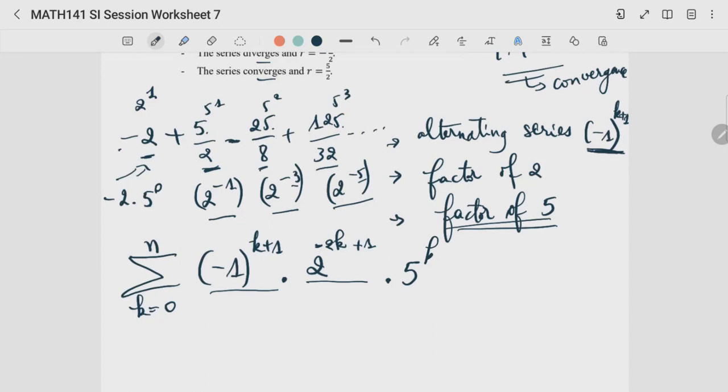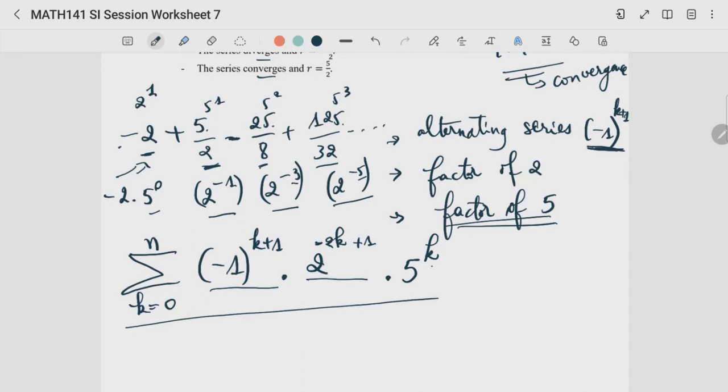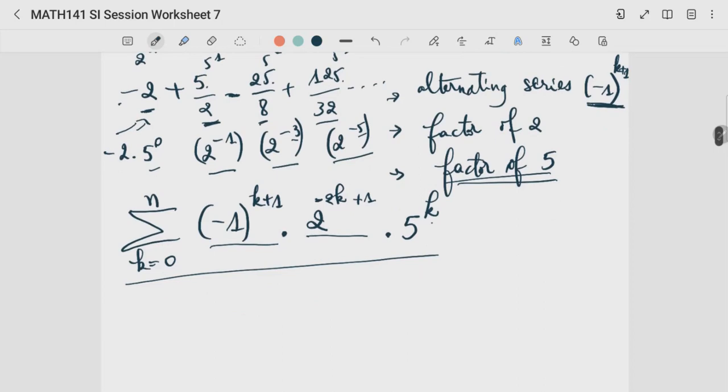So if we try 5 to the k, what happens? Well, k is equal to 0 gives us 5 to the 0, 1. Works for the first term. K is equal to 1 gives us 5 to the 1, which works for the second term, and same for the other terms. So this works. So we have already found our general form. So now let's just rewrite it so we can simplify it further.